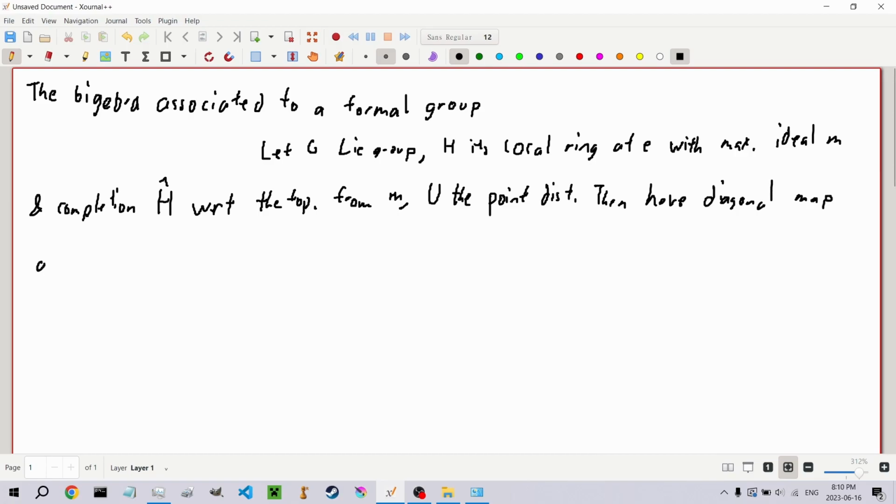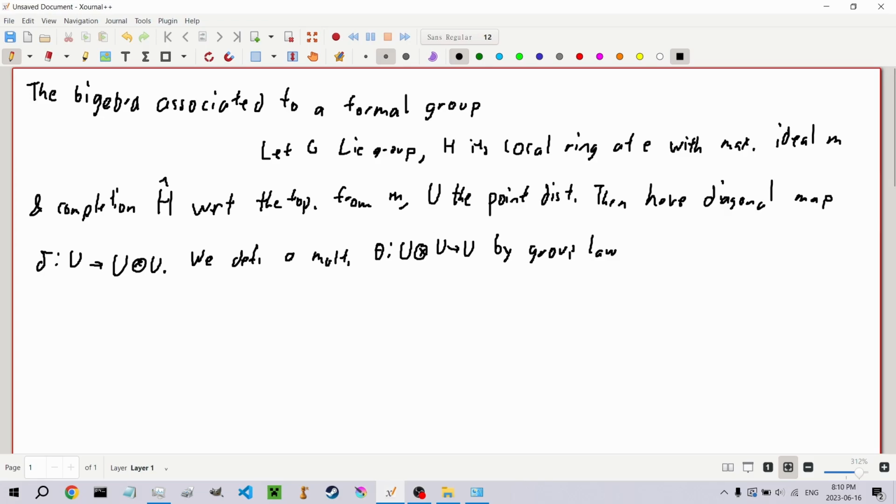We have a diagonal map delta from U into U tensor U. And we now define a multiplication theta from U tensor U onto U by the group law on G, which we are going to write as a map phi from G times G to G.